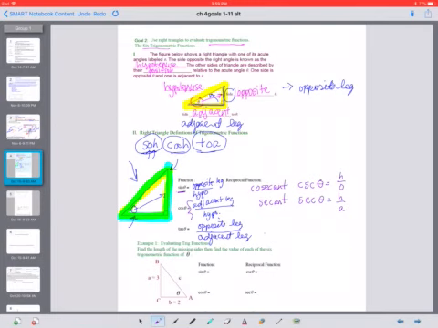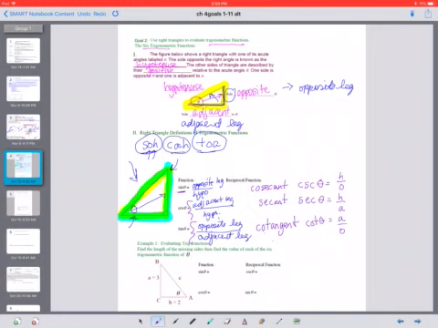Finally, the reciprocal of tangent is called the cotangent, abbreviated COT. So if the tangent of theta is the opposite leg divided by the adjacent leg, then the cotangent of theta is the adjacent divided by the opposite.